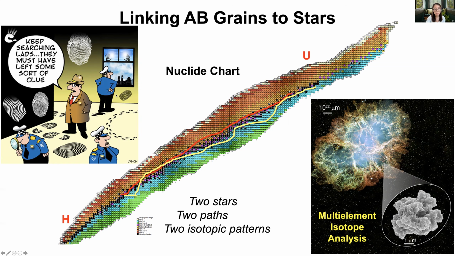What you can do is to work your hardest to take what little evidence there was and try to piece it together somehow. So for two different types of stars, although they could exhibit similar isotopic signatures for some of the elements, they may exhibit different isotopic signatures for other elements. And this is the kind of evidence we're looking for by doing multi-element isotopic studies.